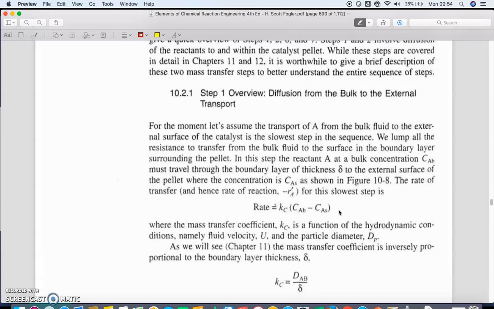If you refer to your textbook, we will go briefly on step 1, diffusion from the bulk to the external surface.